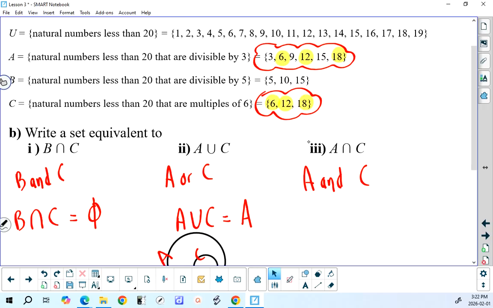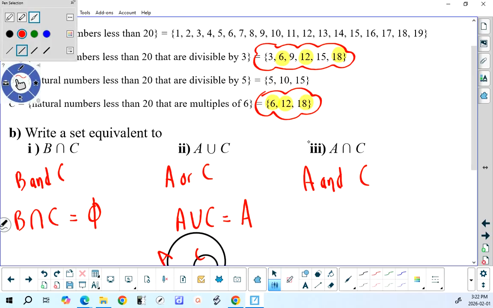Huh. Well, that's interesting. What we've got going on now is that the intersection of the two can be described as C. It's 6, 12, and 18, which is C. That means the intersection of A and C is C.